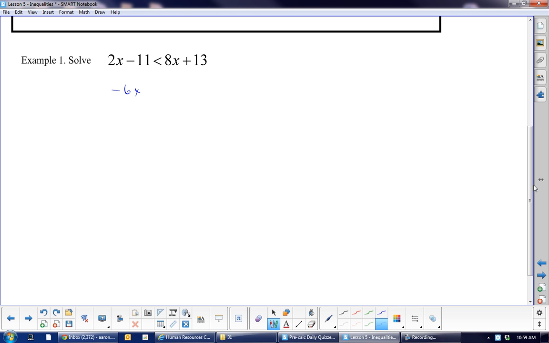And if I add 11 to both sides, it is less than 24. Divide by negative 6. x would be greater than negative 4. I always have to finish with interval notation, so that would look like round bracket negative 4, comma, infinity.